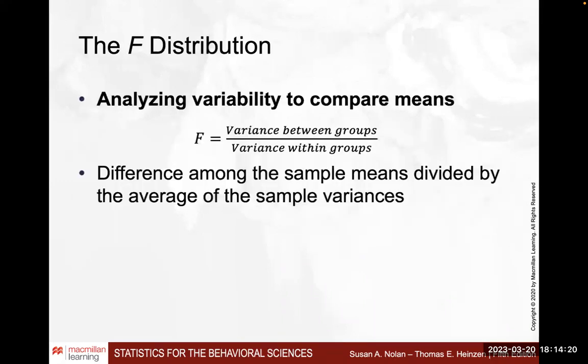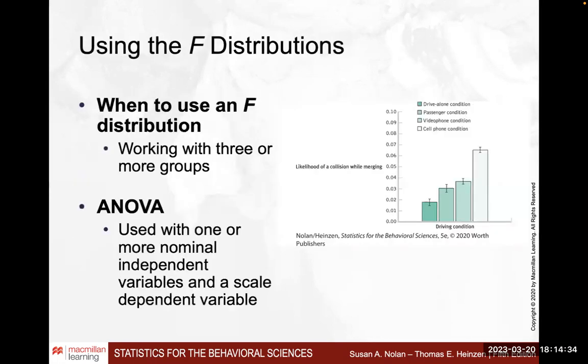And you're analyzing this by calculating a so-called F. This F is basically a ratio of variances. When you look at this graph of the collision while merging, you have two variabilities here. One is the variability within each group.